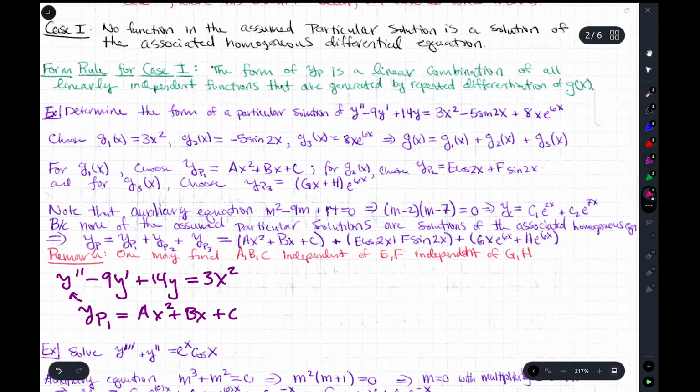Or you just take this whole differential equation that you see here and not ignore the other terms. So you take 3x squared minus 5 sine 2x plus 8x e to the 6x, and you plug this whole thing into this here. Both of them work.